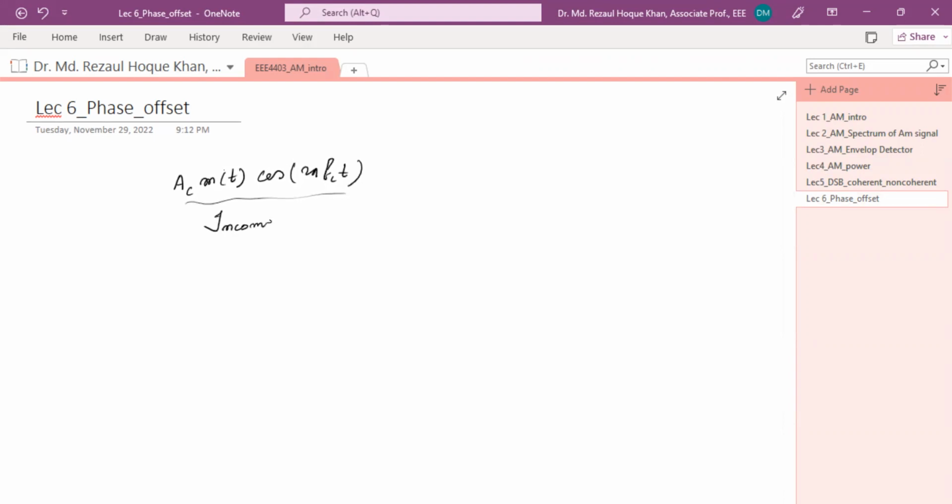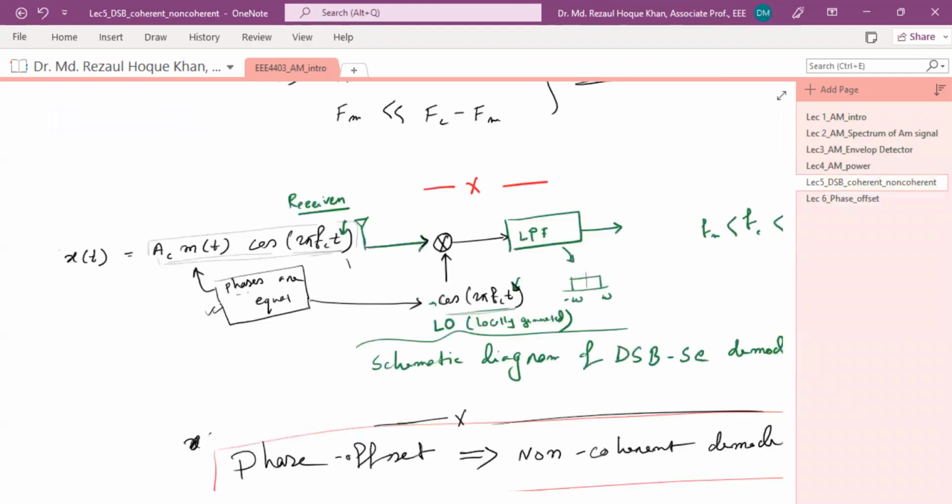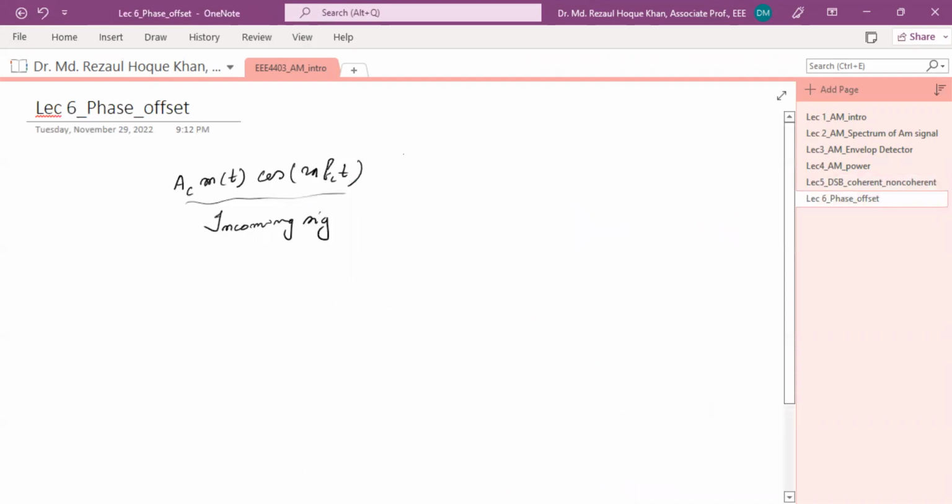This is called our incoming signal, right? This signal will be multiplied. How do we multiply? We use a mixer, which we have shown here. The incoming signal comes and is multiplied with our local oscillator, or locally generated carrier, which has a phase in non-coherent demodulation, right?